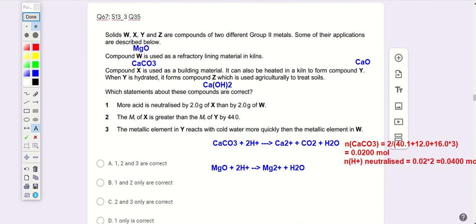Now let's do the same for magnesium oxide, W. Let's find the number of moles of magnesium oxide, which is 2 grams also. Divide by the MR of MgO, so 24.3 plus 16. Okay, 0.05.